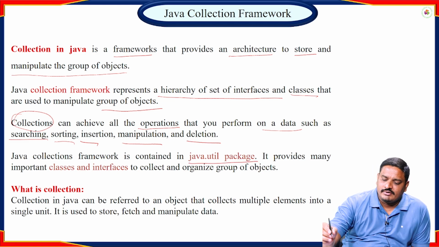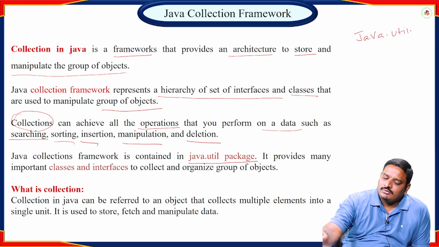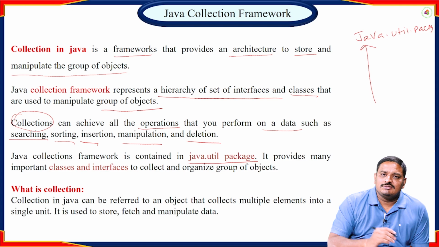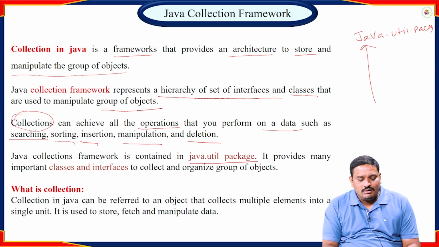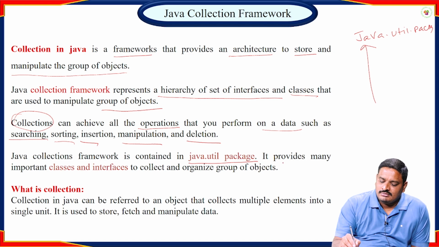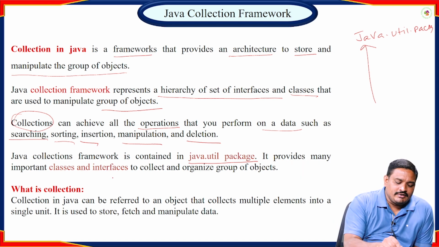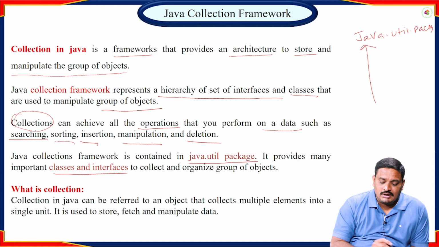Simply, all the methods, classes, variables, and remaining things are under this java.util package, the utility package. This provides many classes and interfaces to collect and organize a group of objects.